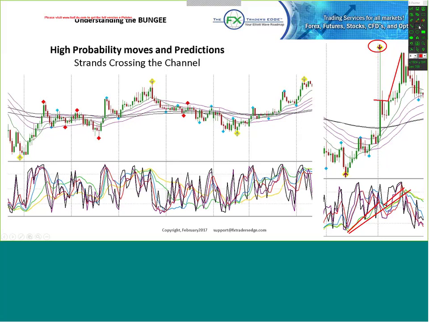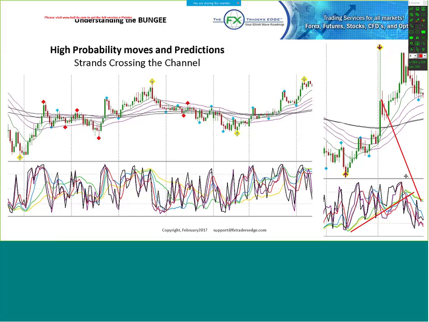So what you can say is that at this point here, we were not going to go down from there. We were not going to go down until we got those bungees at the top of the channel.